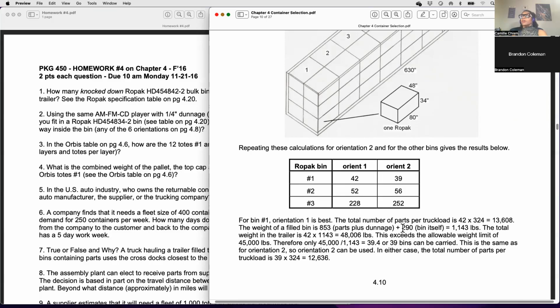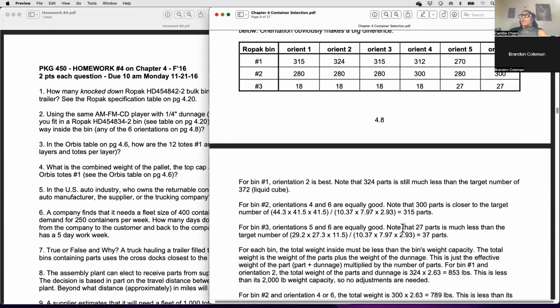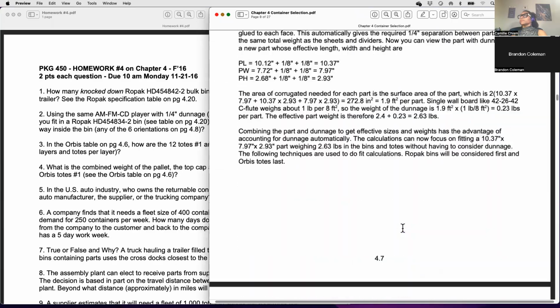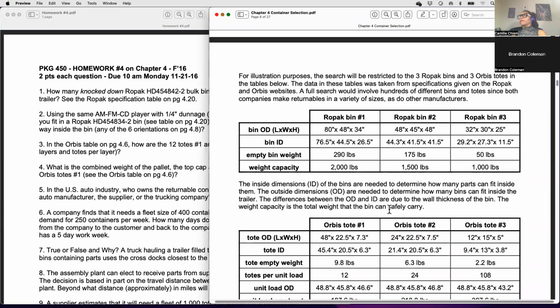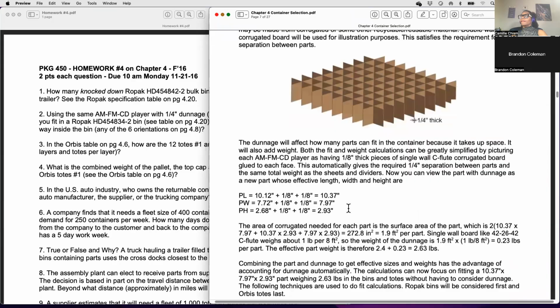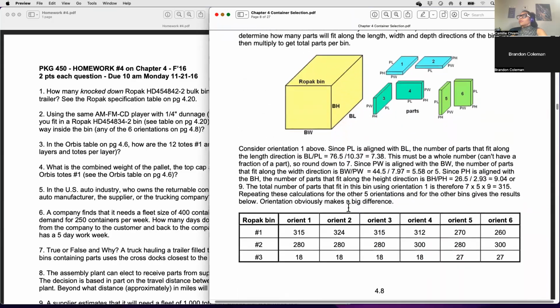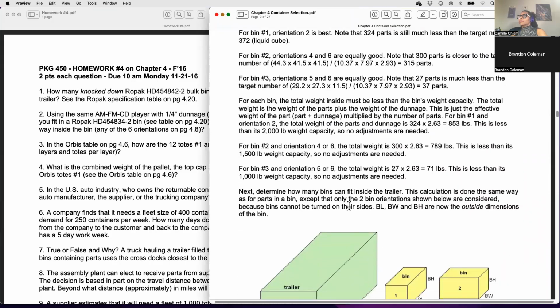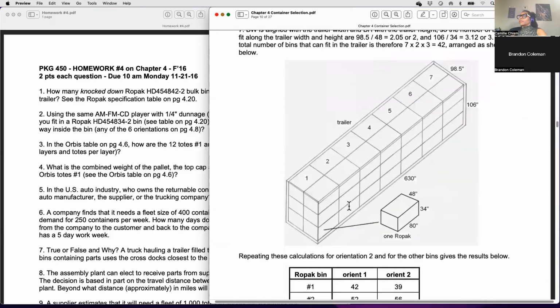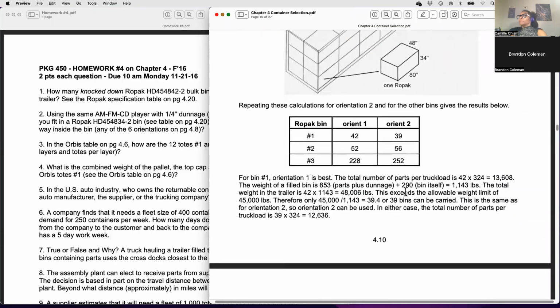Then we also know from that table that the bin is 290 pounds. So then what you come up with is 1,143 pounds. That is the weight of one bin with parts and dunnage, and the weight of the bin. It comes up to 1,143 pounds.